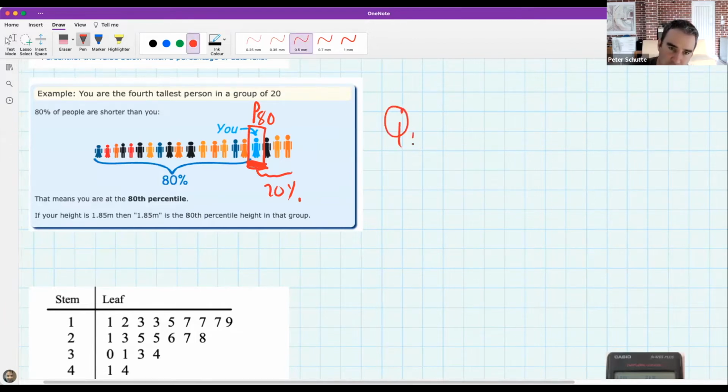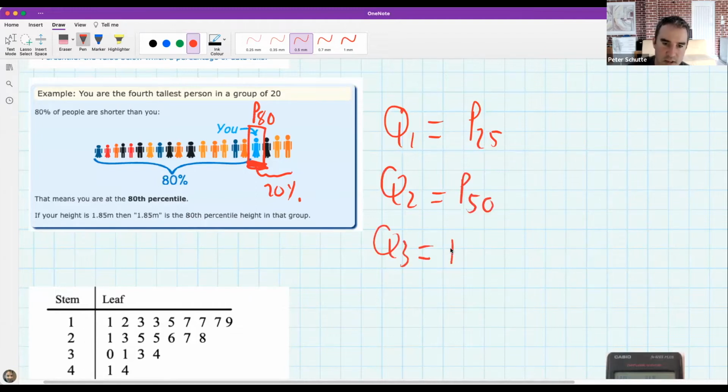So Q1 is the same as P25, and Q2 is the same as P50. Q3 is the same as P75. However, we also get things like P80, which is the 80th percentile in a data set.